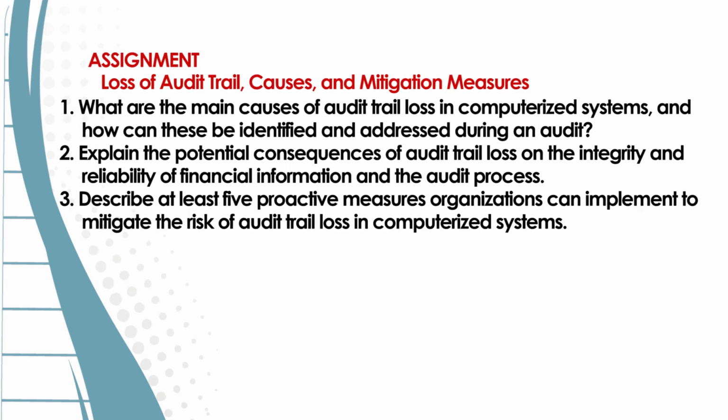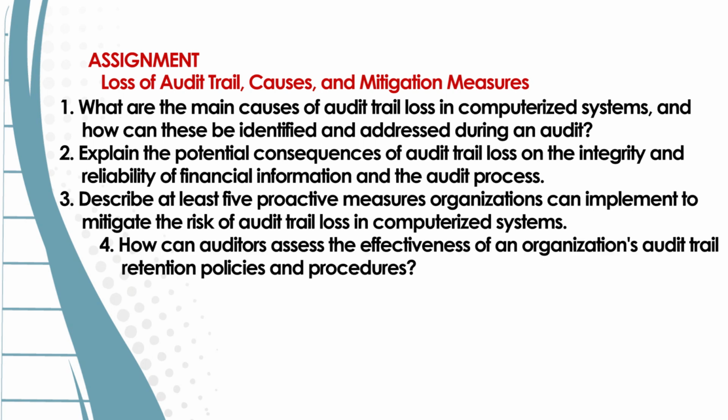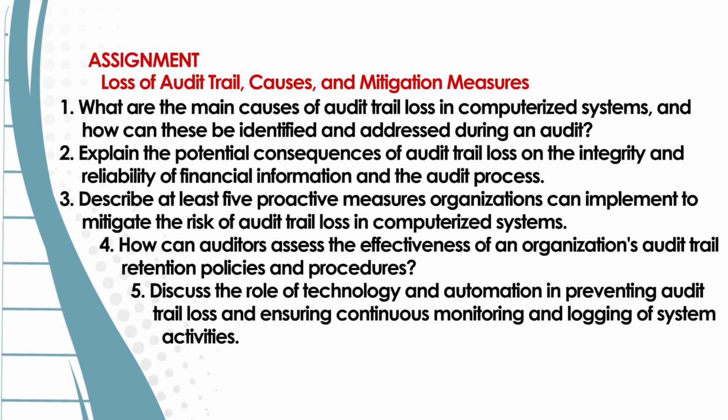Describe at least 5 proactive measures organizations can implement to mitigate the risk of audit trail loss in computerized systems. 4. How can auditors assess the effectiveness of an organization's audit trail retention policies and procedures? 5. Discuss the role of technology and automation in preventing audit trail loss and ensuring continuous monitoring and logging of system activities.